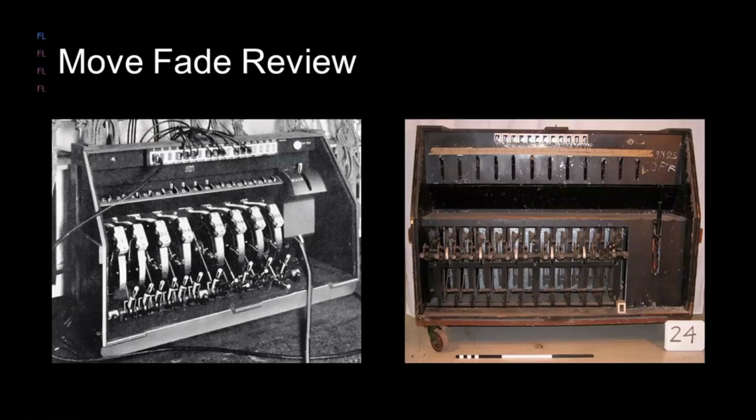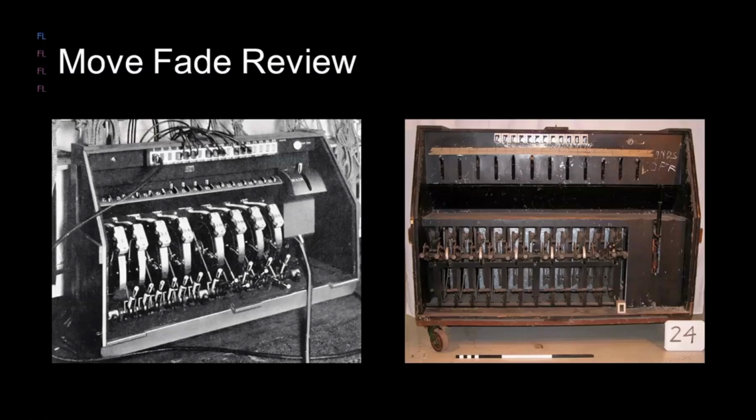So when computerized lighting came into theaters, this was a way of working that a lot of lighting teams wanted to duplicate. So some of the earlier computerized lighting systems sort of duplicated the way that this works.